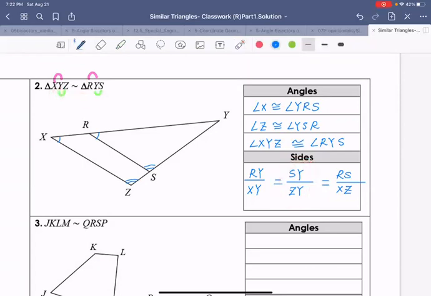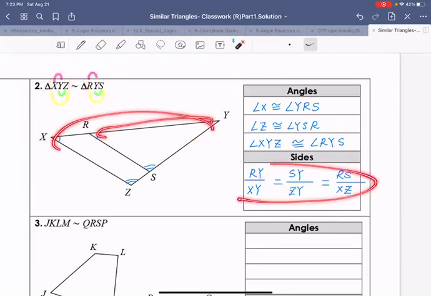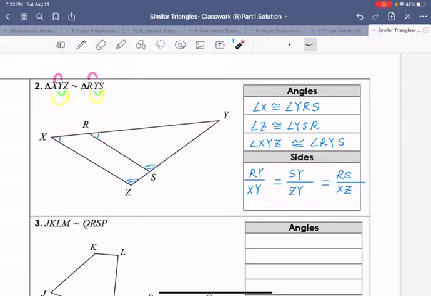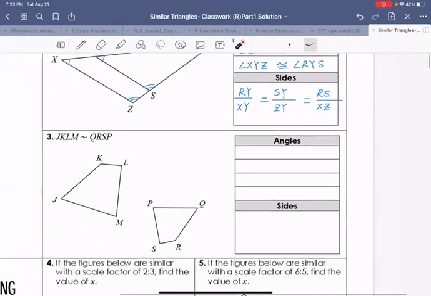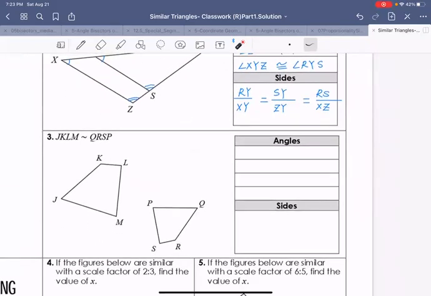And then the last one is XZ. It starts from the right, so RS over XZ. Does this make sense now? Yes. So we can do this very quickly. We can also look at the graph and figure out the proportion, okay? Does this make sense to you? Yeah. Okay, next one.